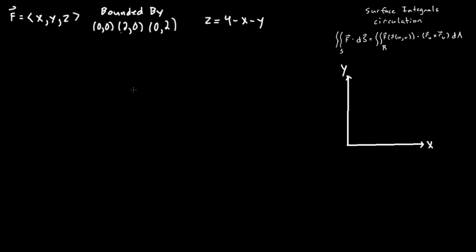We're bounded by point 0, 0, and of course it's oriented in the counterclockwise direction, at 2, 0, and 0, 2. Let's actually make this a little bigger so it's easier to see. So this is 0, 2, and this is 2, 0, and we have a triangle as our region.